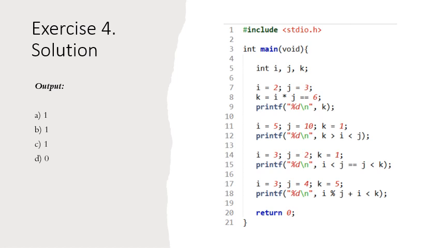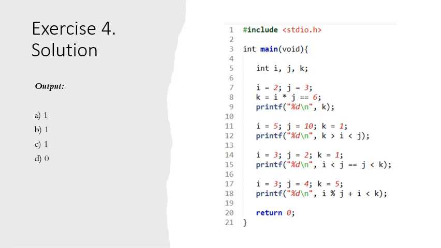So your arithmetic operators have higher precedence than your relational operators. So we will first evaluate i % j + 1 before comparing it to k.